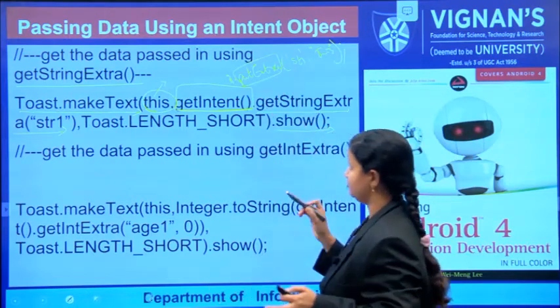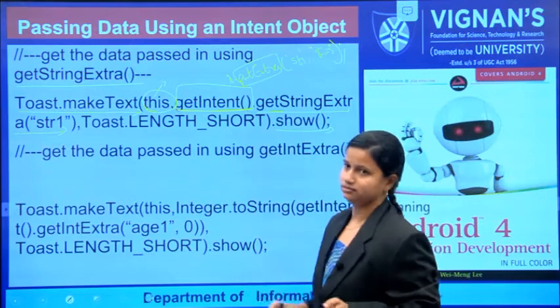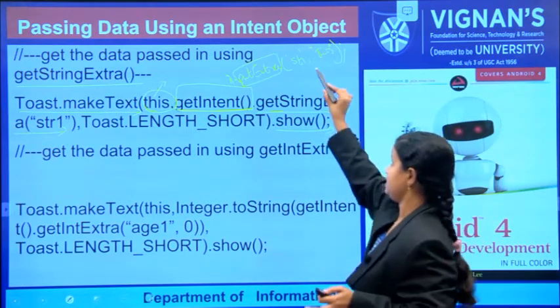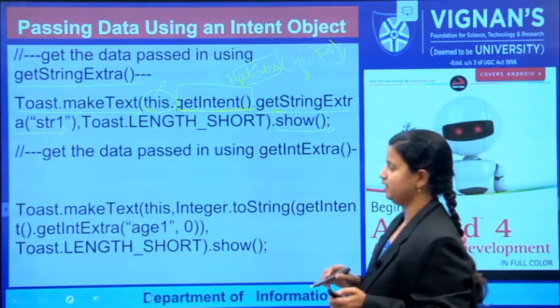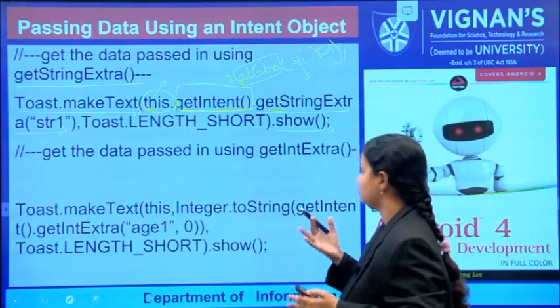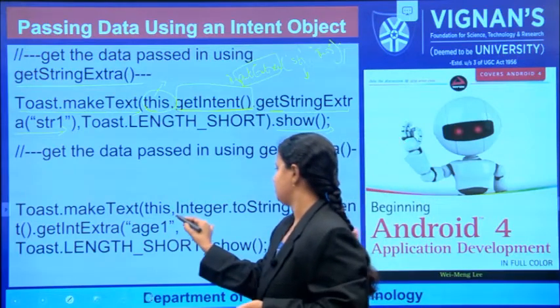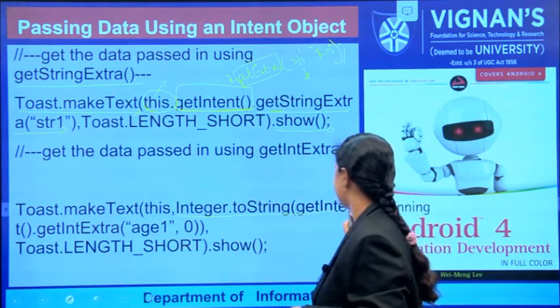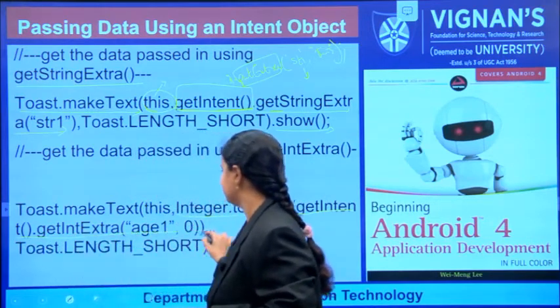So to get that one we have to use getStringExtra. If it is a string, that is fine, but if it is an integer, how do we set and get the data? That is why we call Integer.toString of getIntent().getIntExtra.